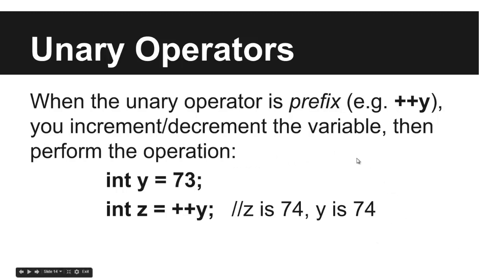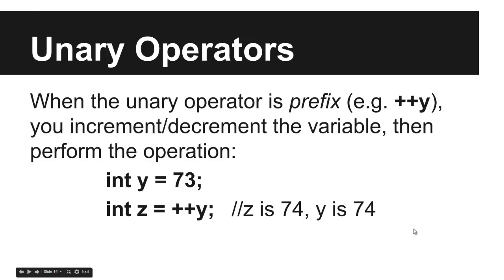When we prefix, that is to say if we put the plus plus before, then what that means is that we increment, or in some cases decrement, our variable, and then we perform the operation. So if we do something like int y is equal to 73, then int z is equal to plus plus y, what that'll do is increase the value by 1, so now it's 74, and then assign that to z.